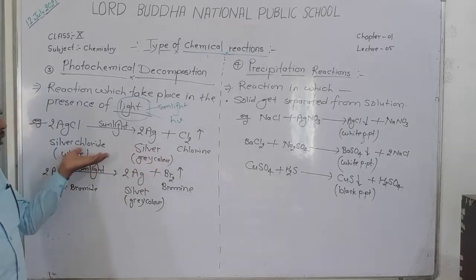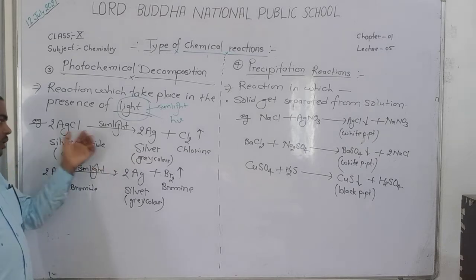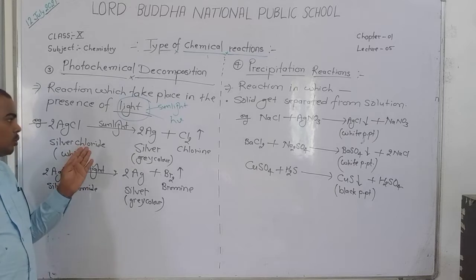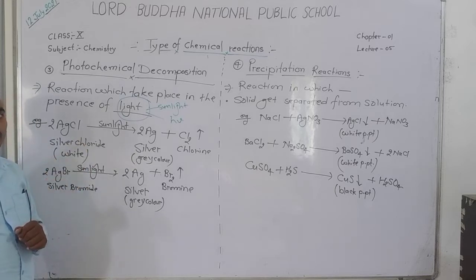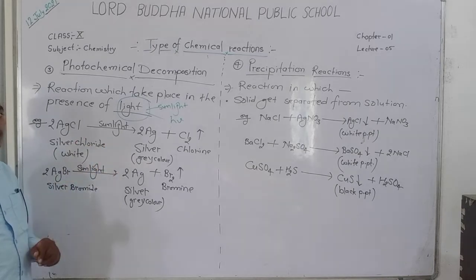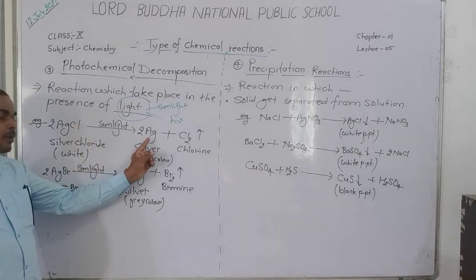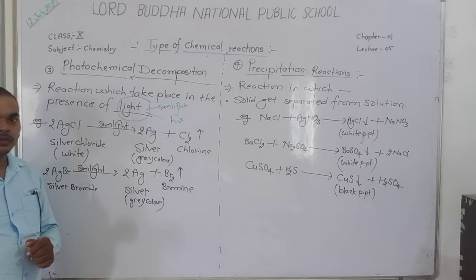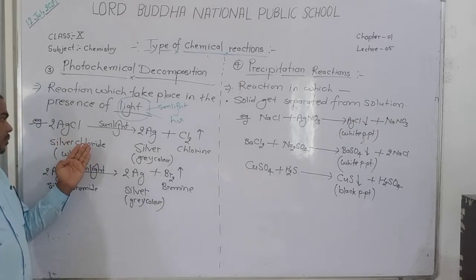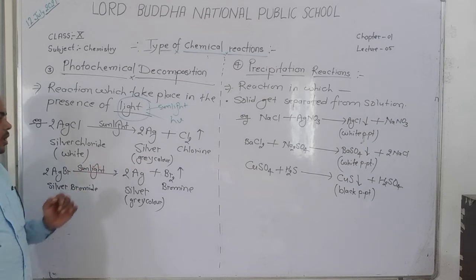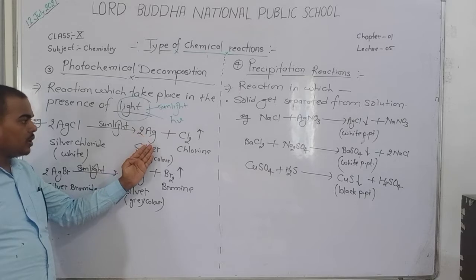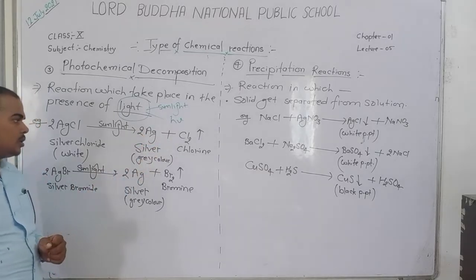Here we say decompose because one compound converts into more than one simpler substance. So it is called decomposition. But here it is photochemical decomposition because this reaction takes place in the presence of sunlight. Okay. When you place the silver chloride in sunlight, it decomposes and produces silver and chlorine gas.